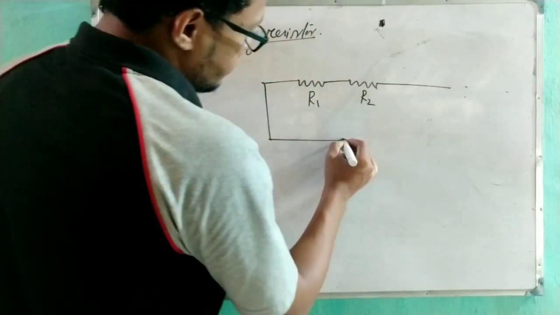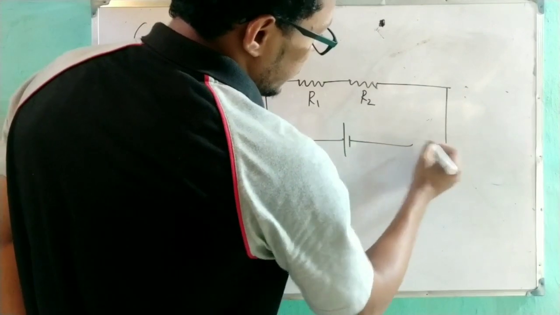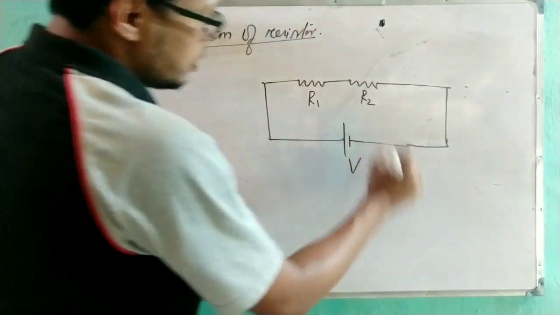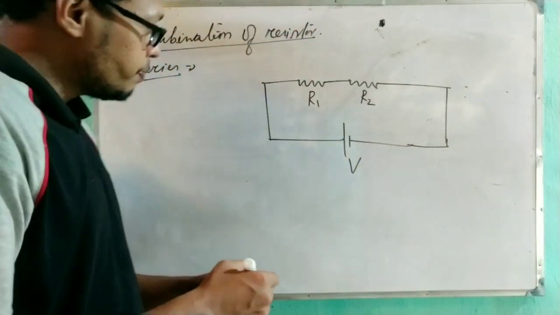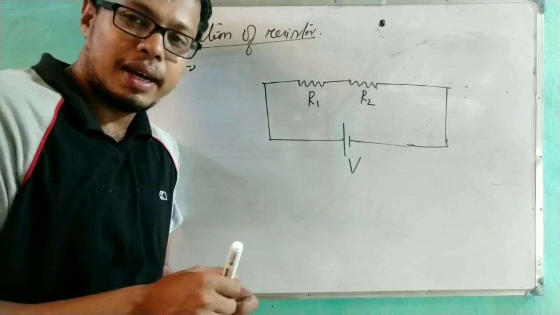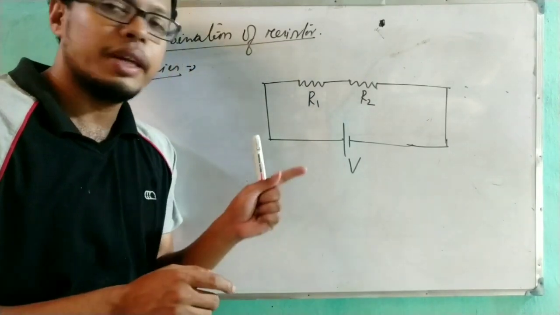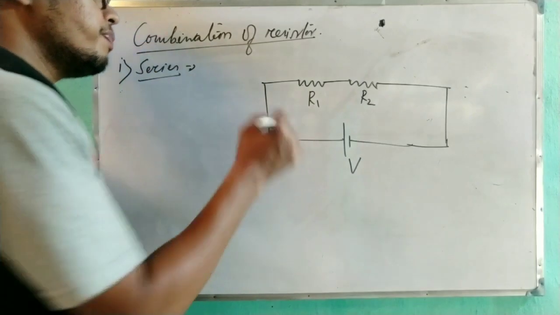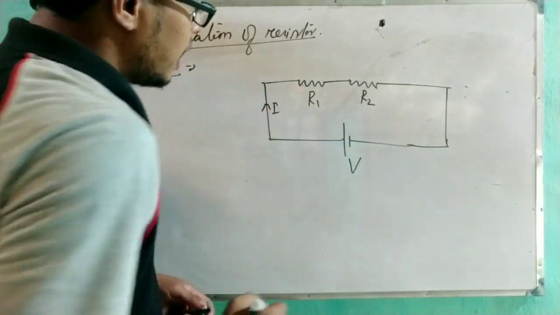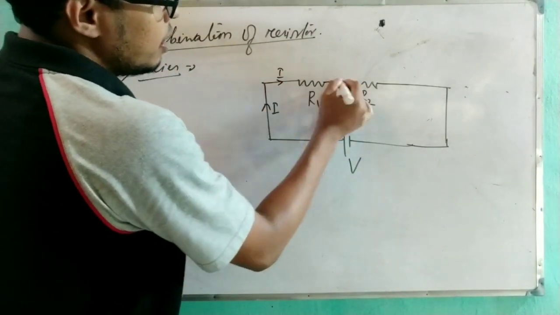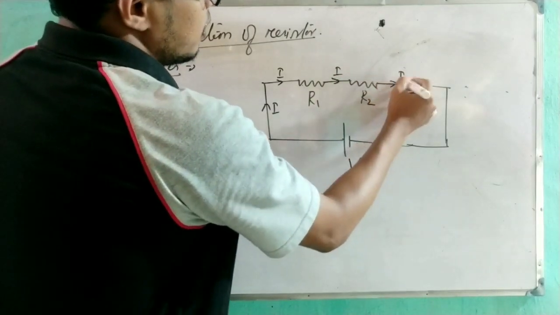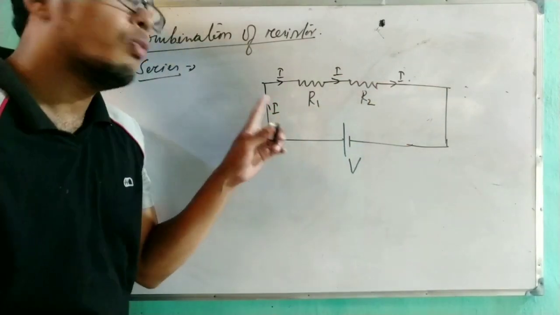If we connect a battery over here of potential difference V, now you tell which one will remain constant, current or potential difference? Obviously, if I take this current as I, then the same current will flow through this resistor because there is only one path.